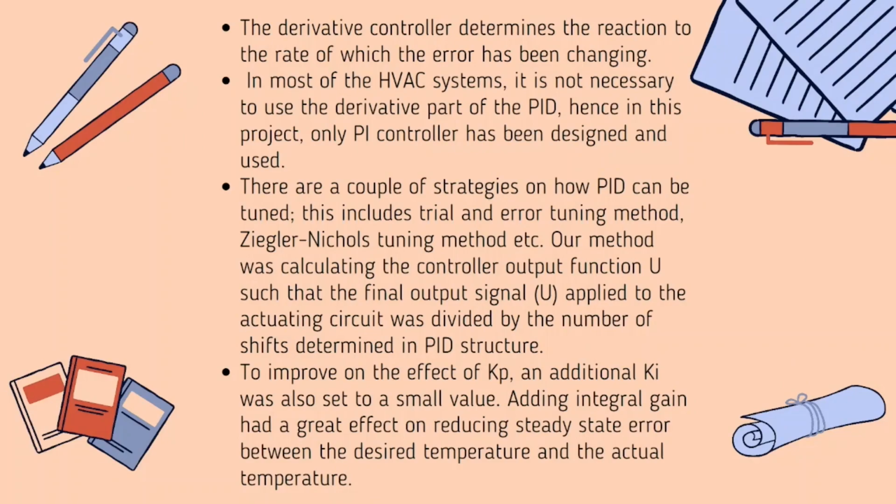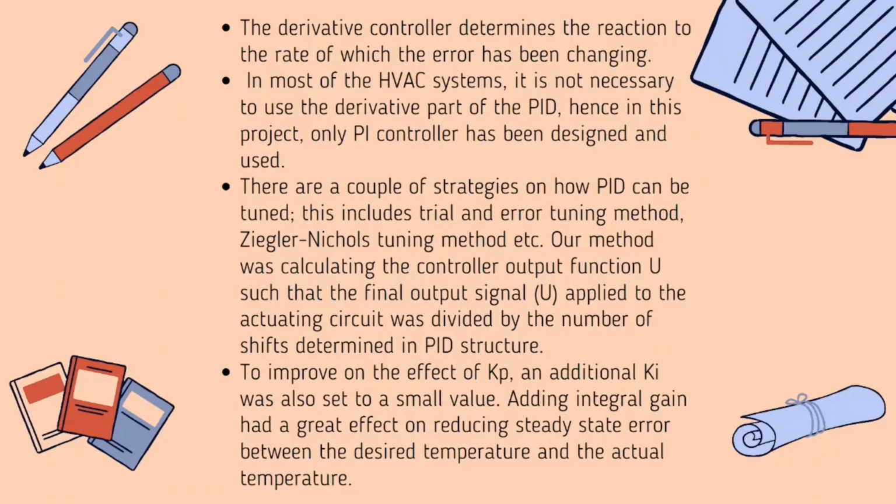The derivative controller determines the rate at which the error has been changing. In most HVAC systems, it is not necessary to use the derivative part of the PID. Hence, in this project, only a PI controller has been designed and used. There are a couple of strategies on how PID can be tuned.